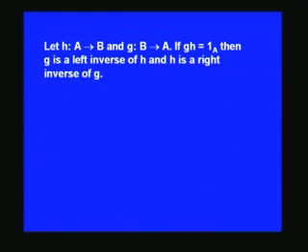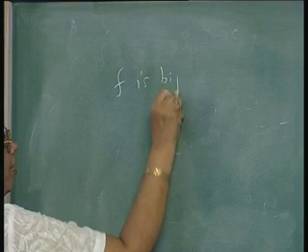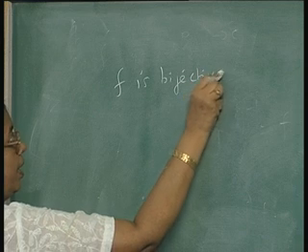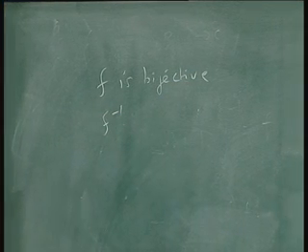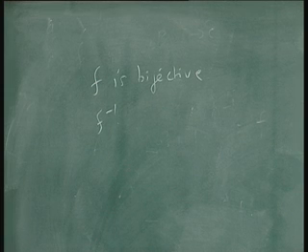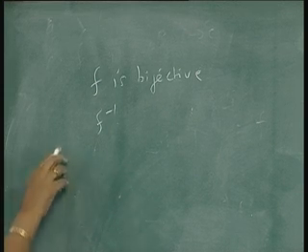When the function is bijective, we have already seen what is meant by an inverse function. When f is bijective, we define f inverse. But you may have one sided inverses, you may have left inverses and you may have right inverses.